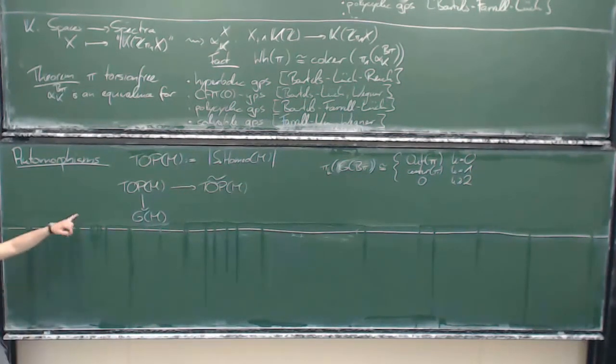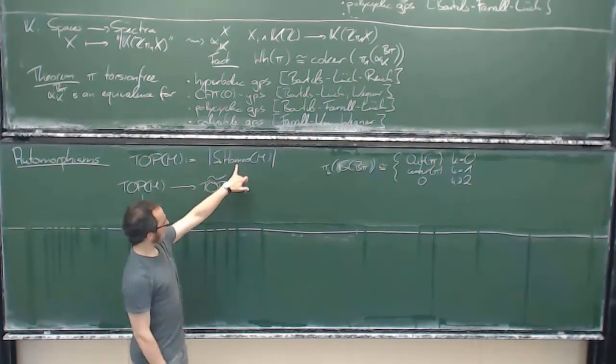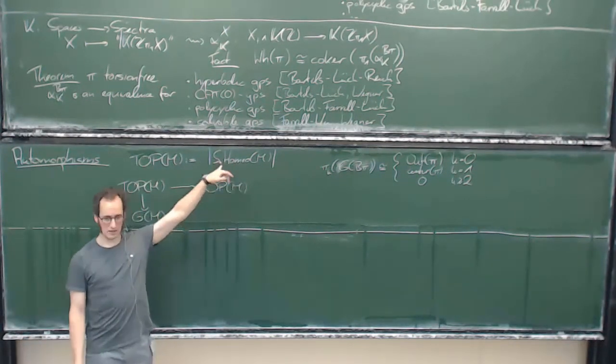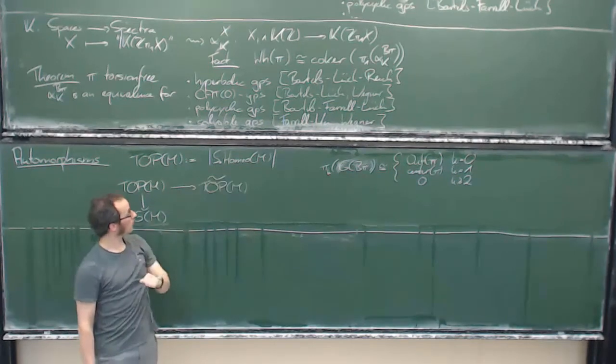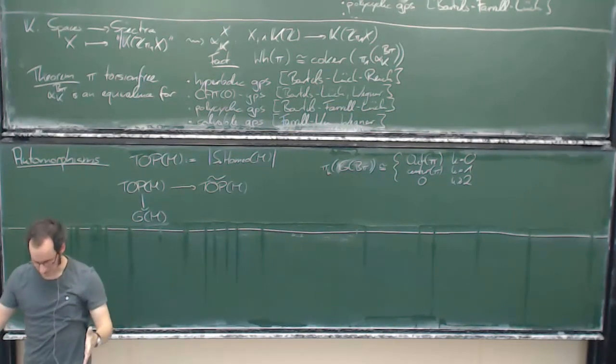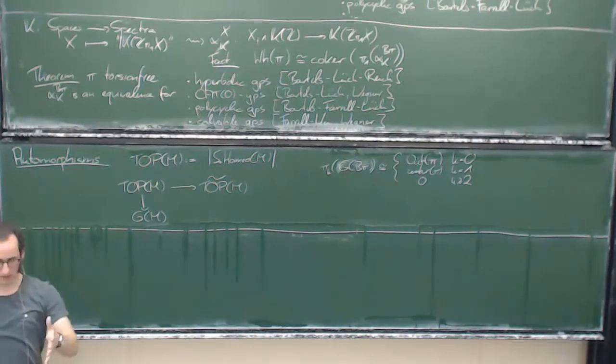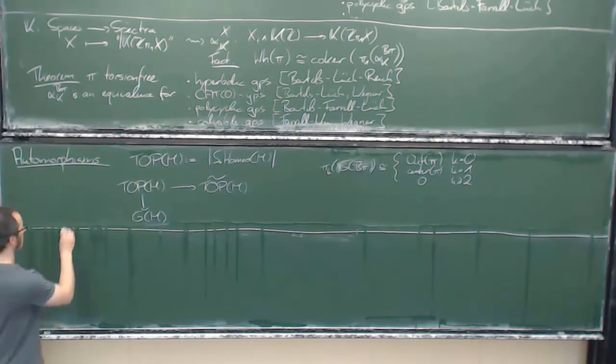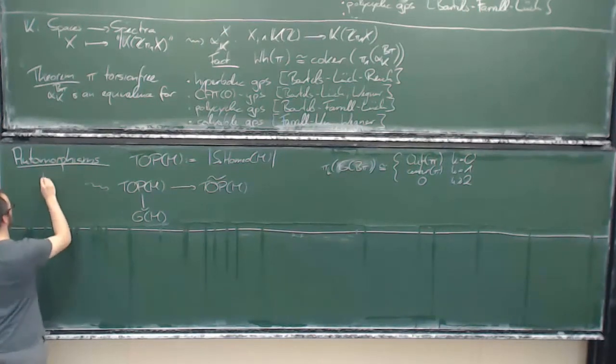Now what is this? I define top M to be the realization of the singular set of the group of homeomorphisms of M. So what does that mean? A typical simplex in this space looks like so let me write this maybe here. What's a typical simplex in here?